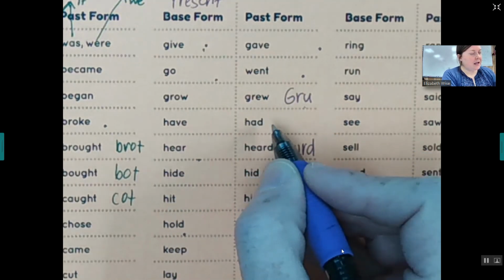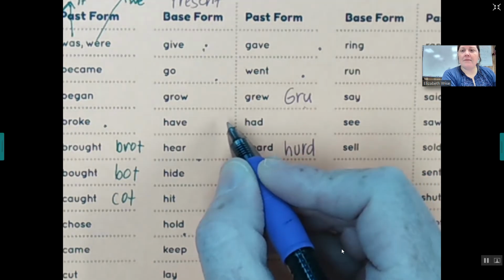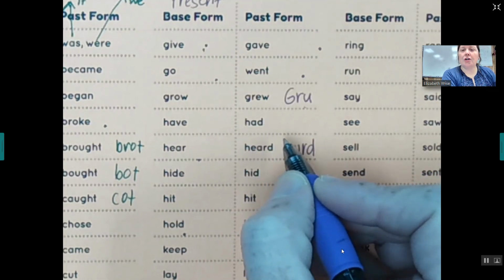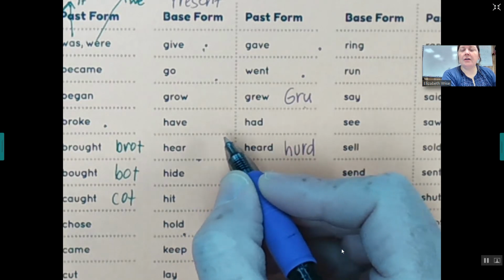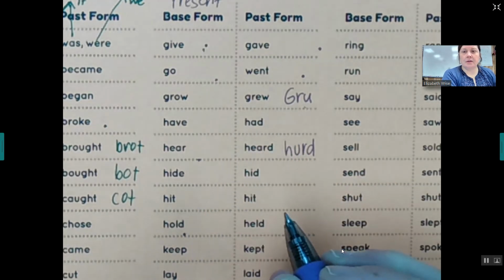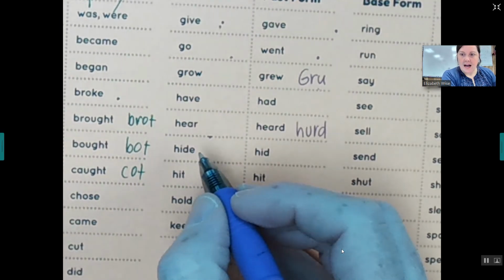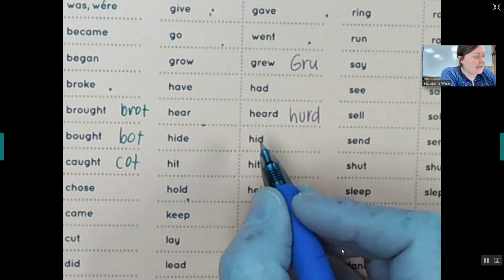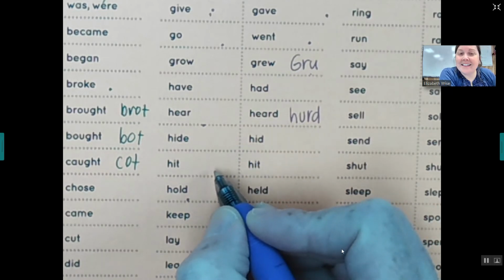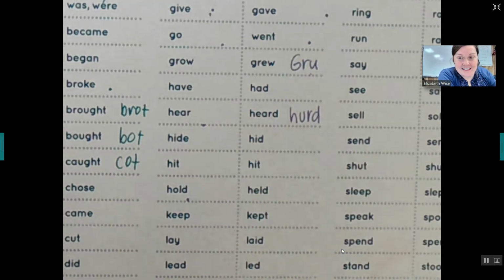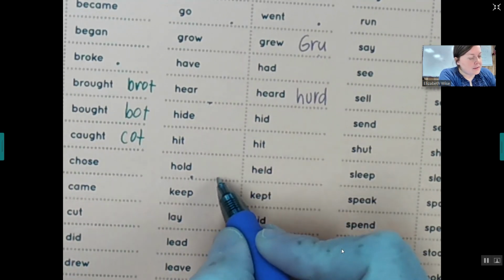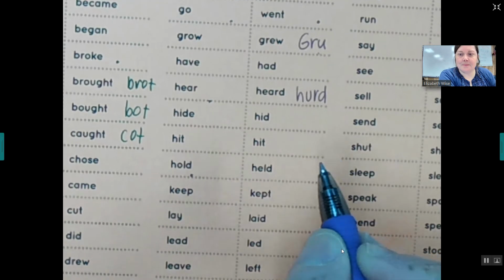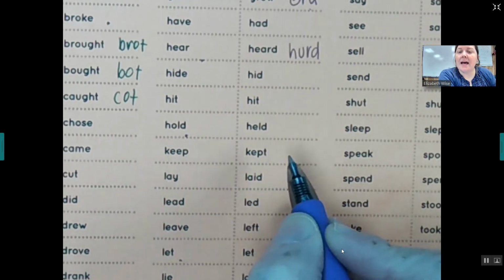Have, had. Hear, heard. Hide, hid. Hit, hit. It's the same. Hold, held.